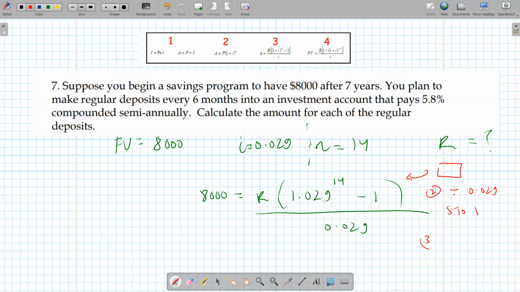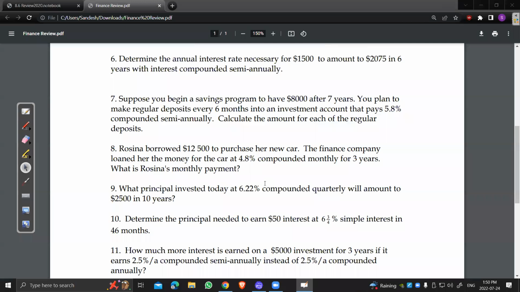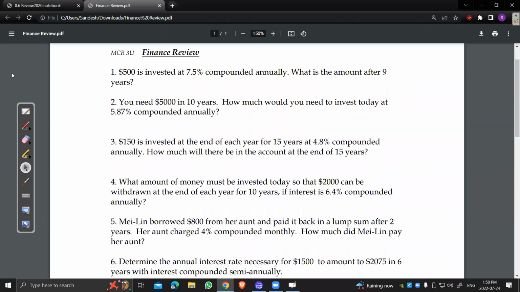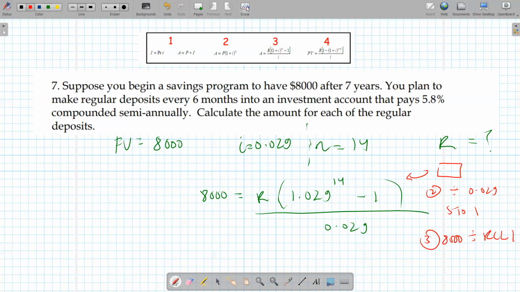And then for the last step, you're going to do 8,000 divided by recall 1. $471.39. And number 7. Yeah, there we go. You see, 471.39. One and done. Okay. Easy as that.